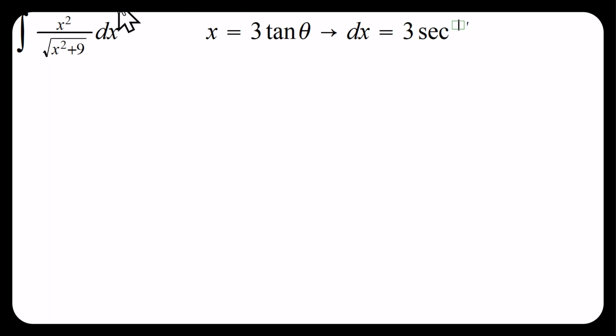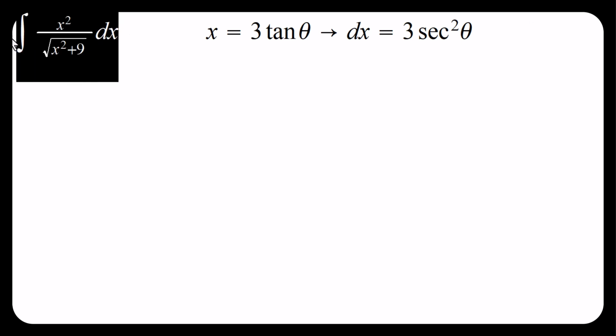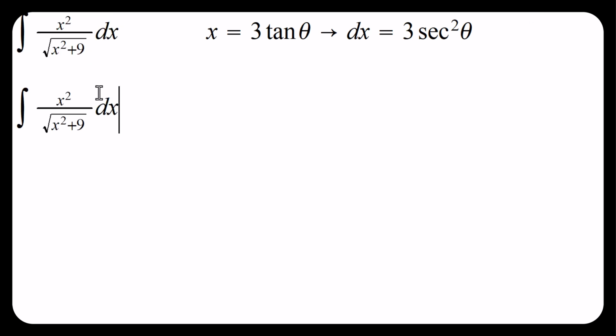And then we go further and we get this quantity equals how much? Just a moment. This quantity will equal, right here, x square will be the square of 3 tangent theta, so that will become 9 tangent square theta. And then downstairs, as you saw in our handwriting before, this is going to become 3 secant theta.